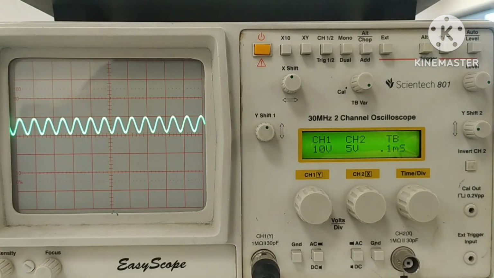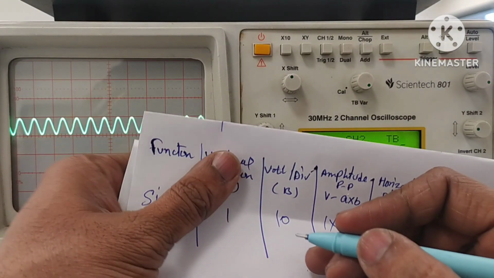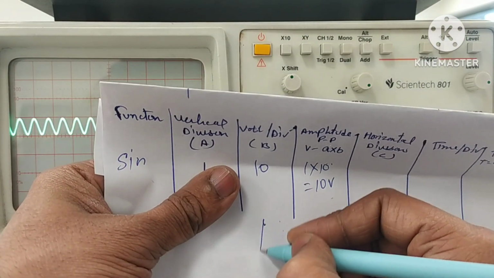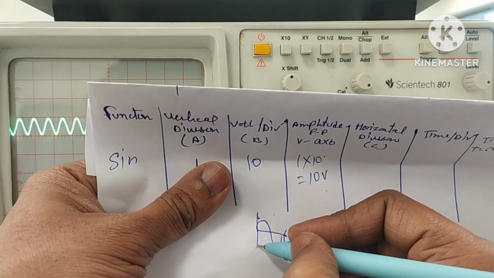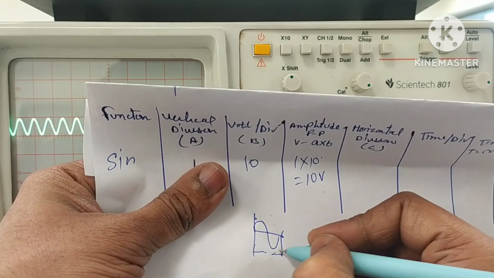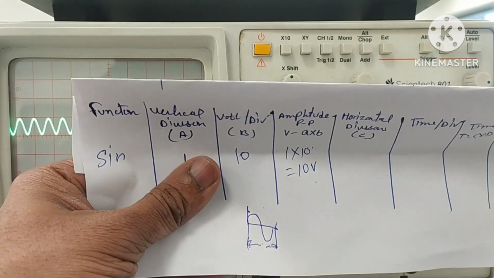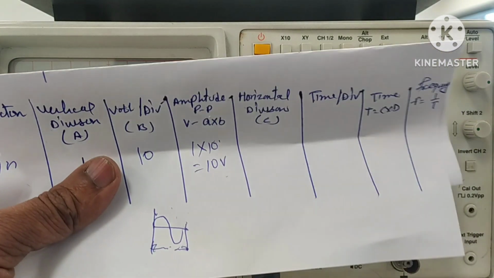So next is your horizontal division. When we calculate the horizontal division, we calculate one cycle. One cycle has one positive alternation and one negative alternation like this. This is your one cycle.